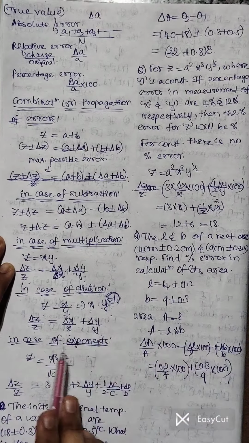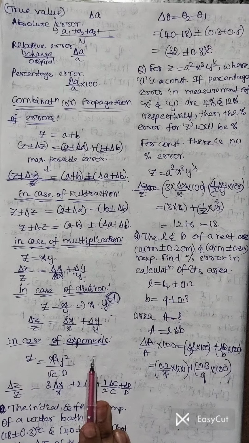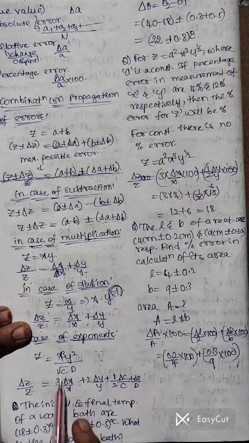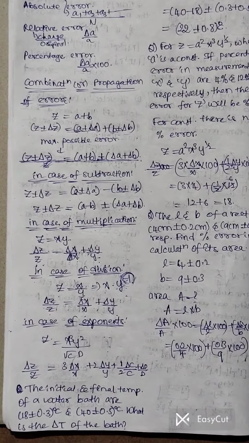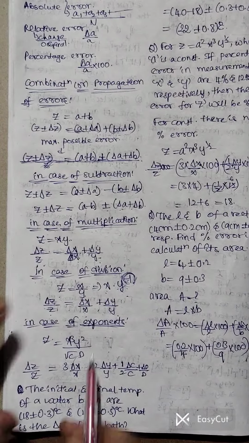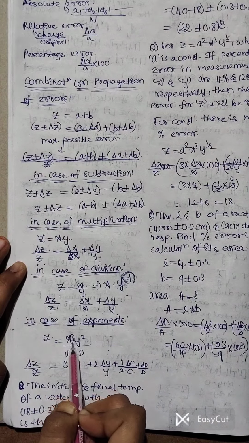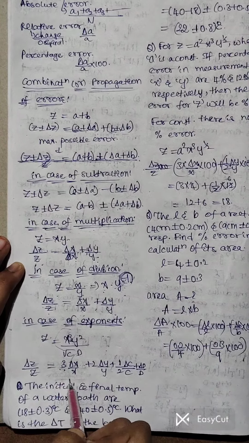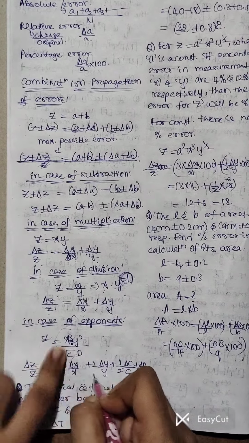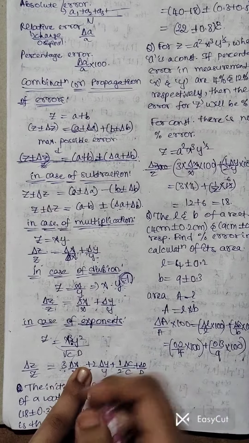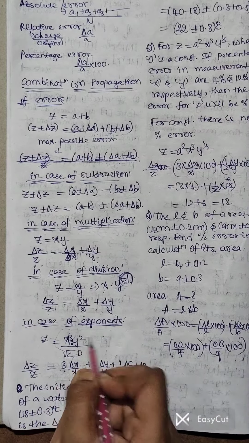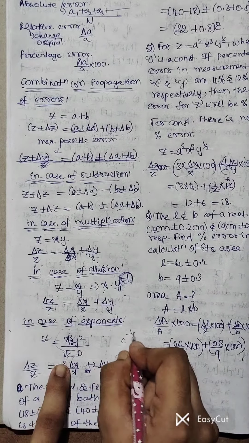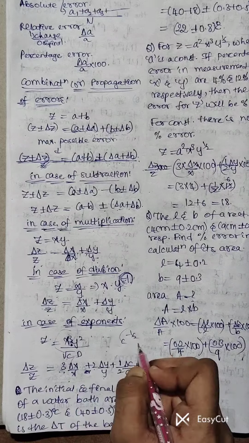That is, in case of exponents, if you have X raised to some power, Y raised to some power, and like X cube Y square by the square root of C into D. Now in that case, you write delta Z by Z equal to, here X cube, so this power comes into multiplication, 3 into delta X by X. And now here this multiplication becomes addition, that is plus, here as it is power 2, 2 into delta Y by Y, plus, as it becomes C power minus 1 by 2, you only consider this positive value.